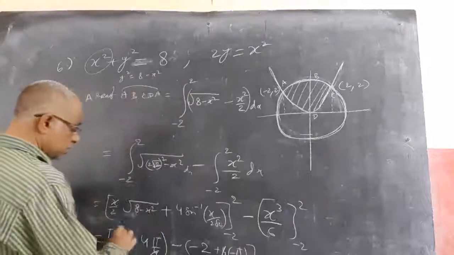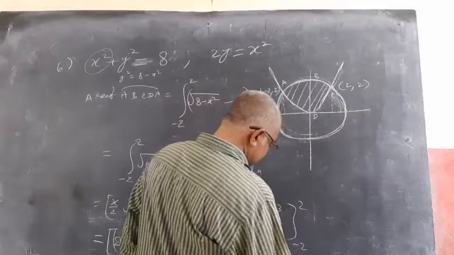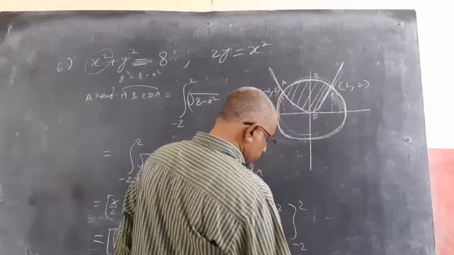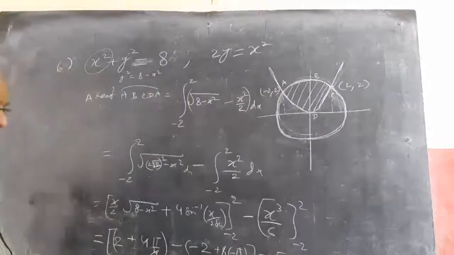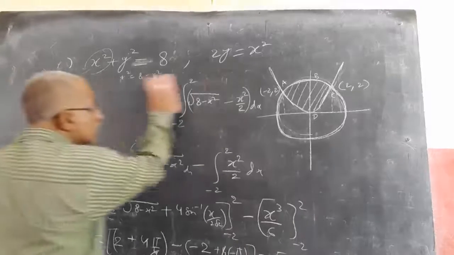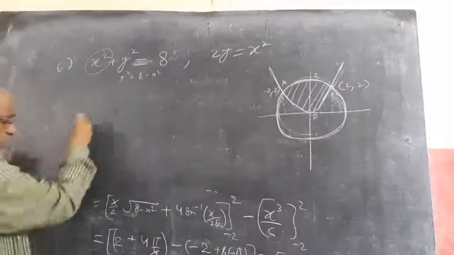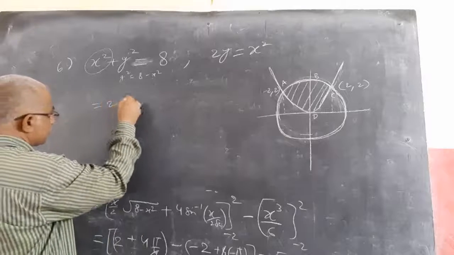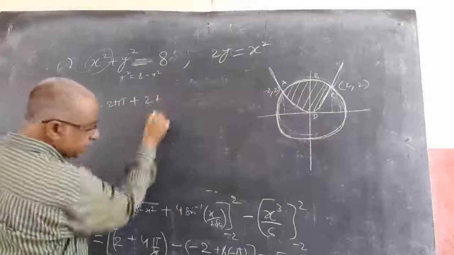This is this part. Now coming to this part, 2 cube is 8 by 6, minus of minus, plus 8 by 6. 8 by 6 plus 8 by 6. Now by simplifying this, what do we get? So this is equal to 2 plus pi minus, minus 2 plus, 2 plus pi.